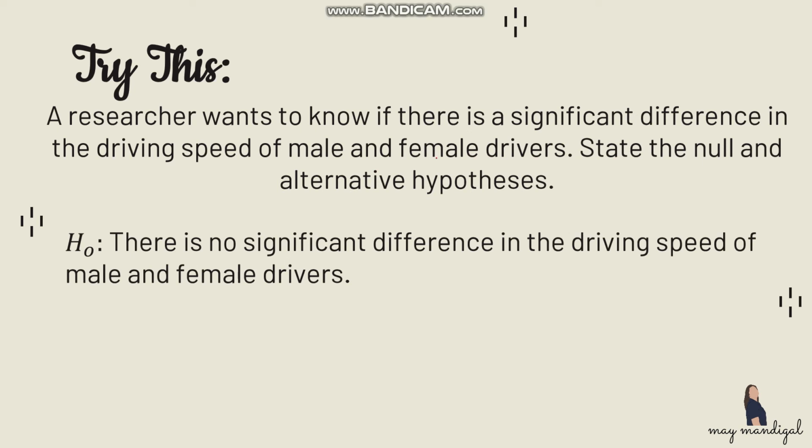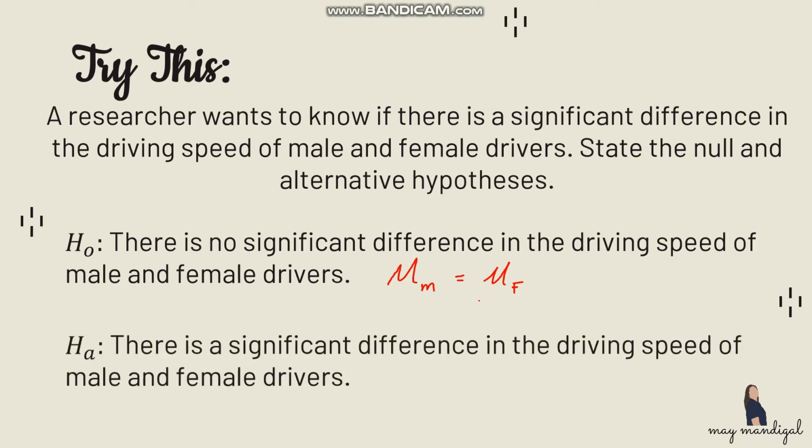In symbols, let's say the mean speed of the male is equal to the mean speed of the female. And for our alternative hypothesis: there is a significant difference in the driving speed of male and female drivers. That means the two are not equal with one another.